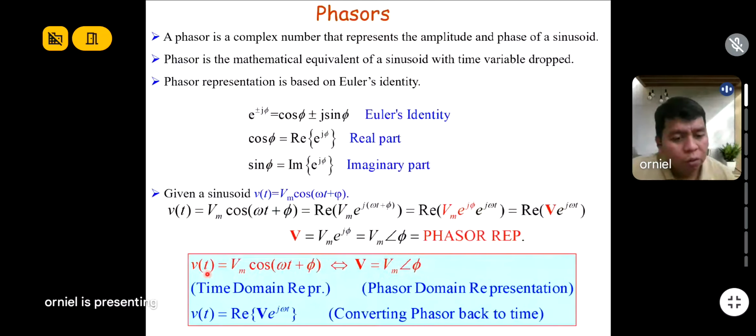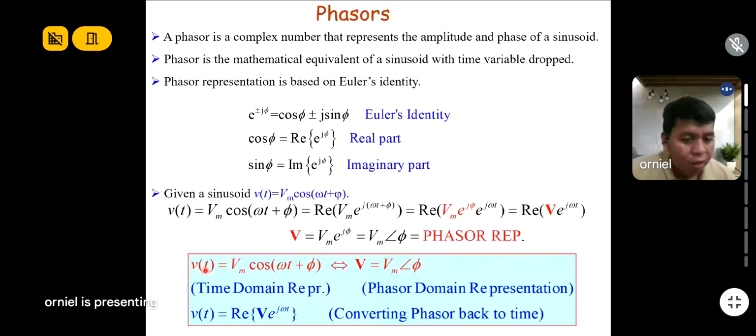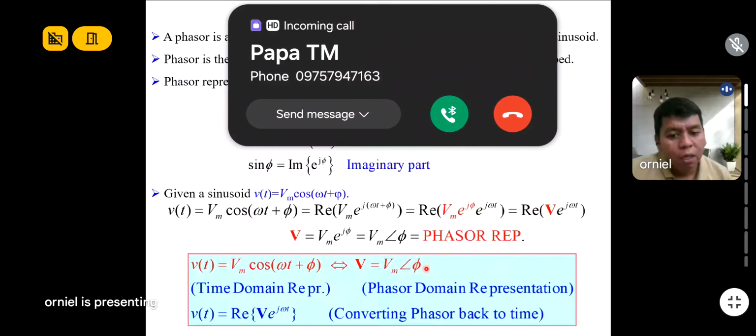This is the equation for the voltage in the time domain: the peak voltage, cosine of angular velocity times time, plus the phase angle. The time domain is represented as V of t, within terms of time. In the phasor domain representation, it is in polar form: the peak voltage and the phase angle.